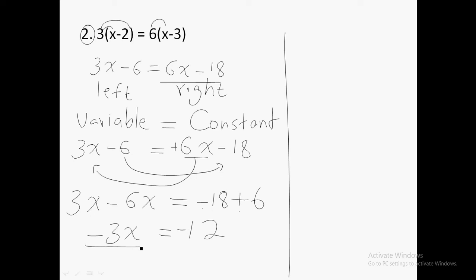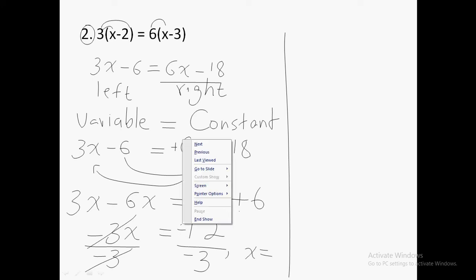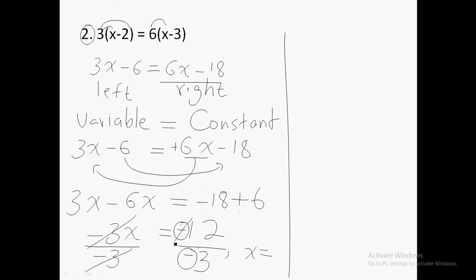We have to divide by the coefficient of x, which is minus 3, and here is minus 3. Minus 3 will be cancelled, so x is equal to this negative, this negative will be cancelled, to 12 divided by 3 is 4.